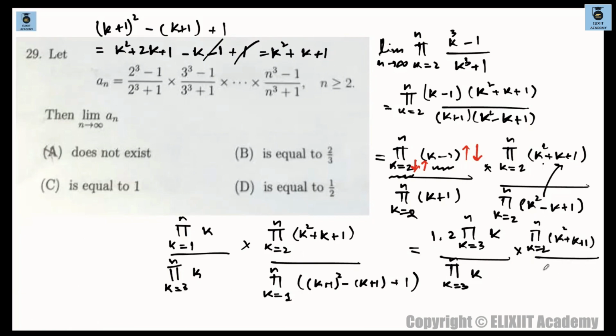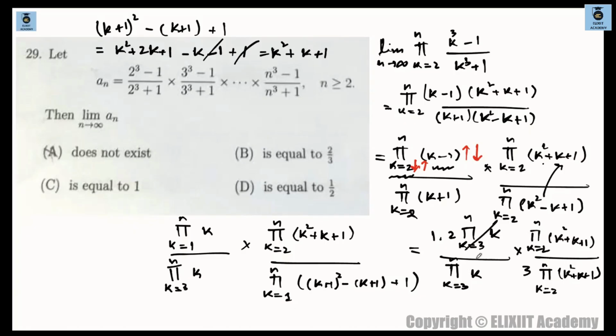And we have also converted this denominator into the same product, k square plus k plus 1, right? But we have to match with this thing. So this starts from 1, but this starts from 2. So you have to start from 2 itself. So what is the value of this thing at k is equal to 1? 1 plus 1 plus 1 will give you 3. So 3 will come over here.